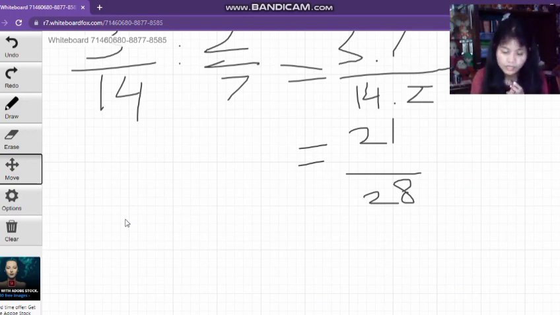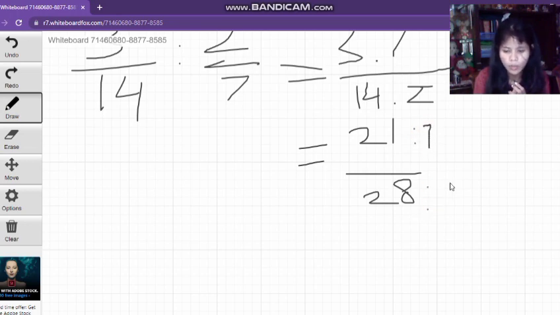And we can still simplify this fraction by dividing the numerator by 7 and the denominator by 7 also.